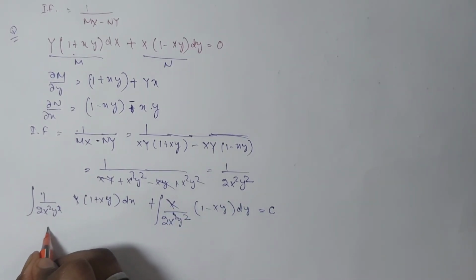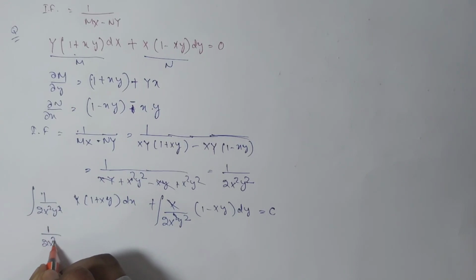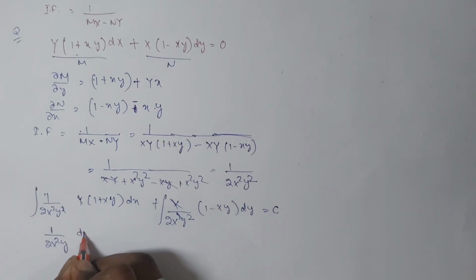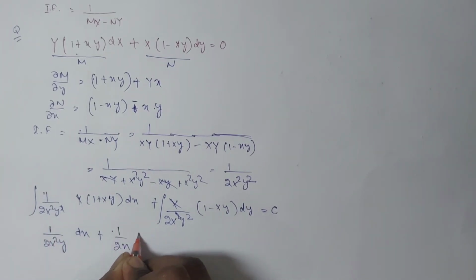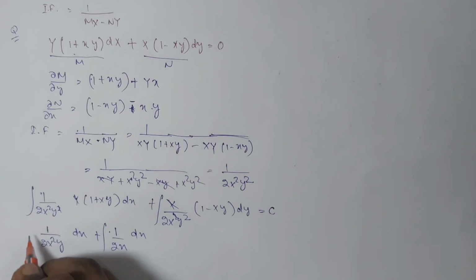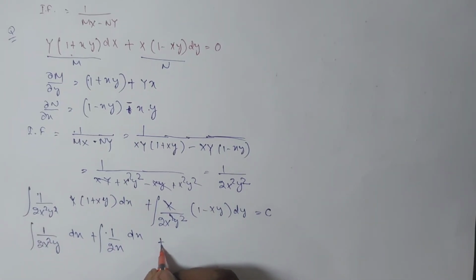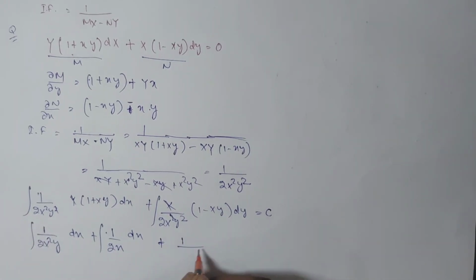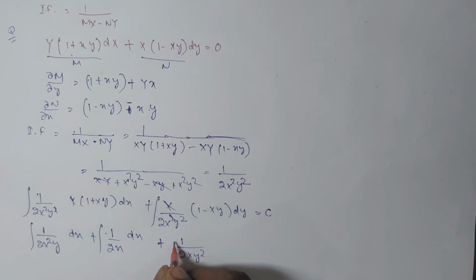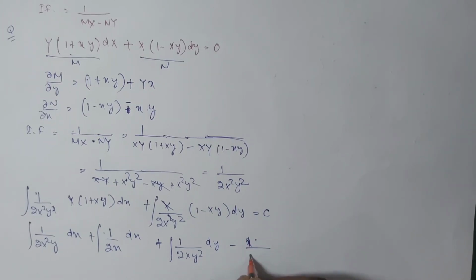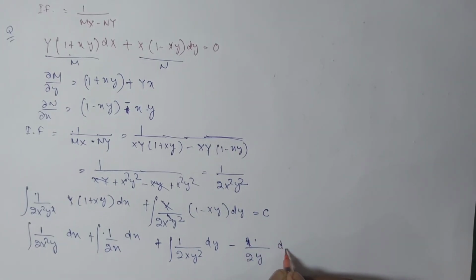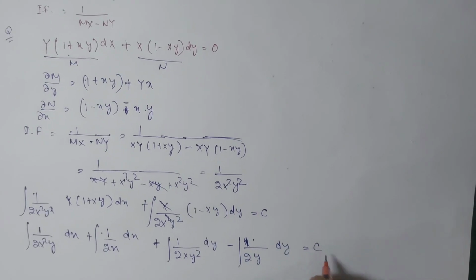Then the equation becomes 1 by 2 x square y dx, plus 1 by 2x dx, and plus 1 by 2 xy square dy minus 1 by 2y dy, integration equals some constant.